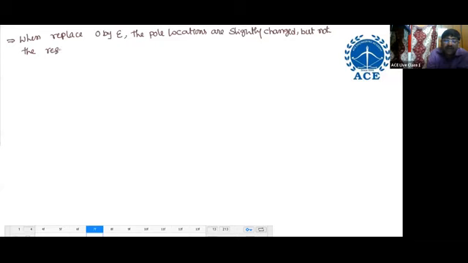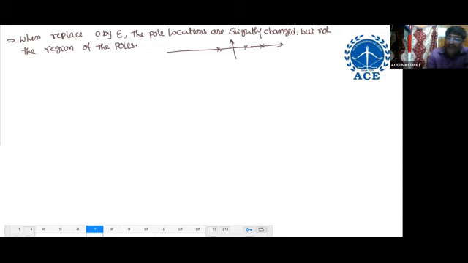That means a left side pole remains left only, a right side pole remains right only. For example, if the poles lie here, 2 poles lie right, 1 pole lies left.